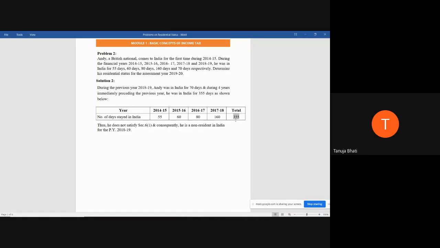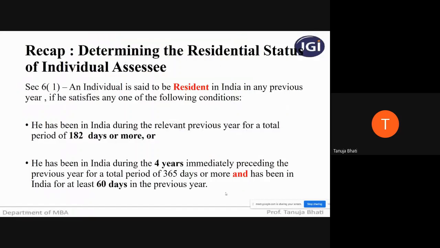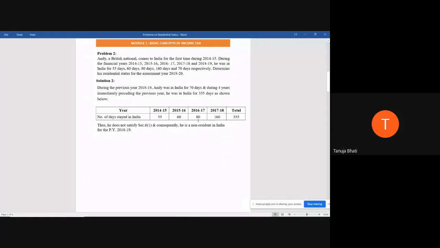No, ma'am. No, because his stay should be 365 days or more. But here he's just staying for 355 days. One part of it is getting fulfilled, but the other part we cannot see, because it is an 'and', both of these should get fulfilled. Then only we can say that the second basic condition is fulfilled. So it is not getting fulfilled.